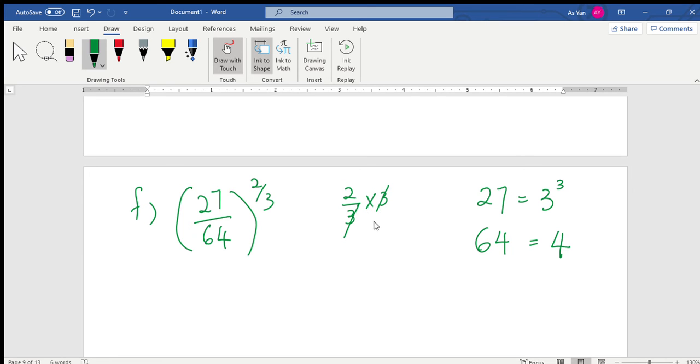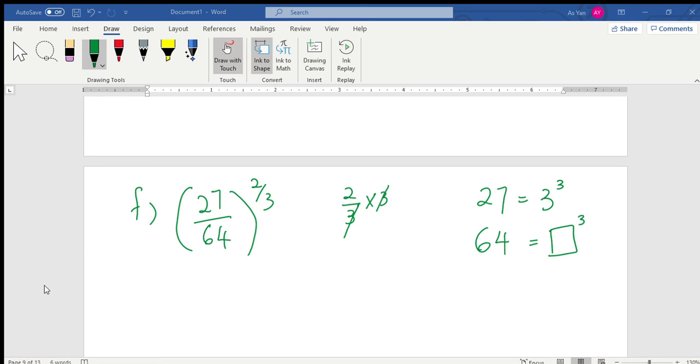So that means find the base that, raising the power of 3, equals 64. You can try 2. Of course, it cannot, right? 2 to the power of 3 is 8, cannot. 3 to the power of 3 you got 27.